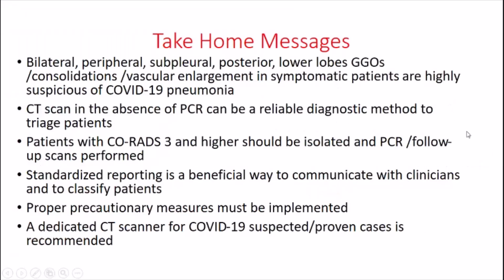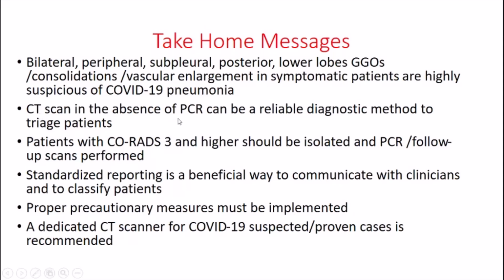So the take-home message from this presentation: bilateral, peripheral, subpleural, posterior, lower lobe ground glass opacities, consolidations, also reticular or mixed opacities, and vascular enlargement in symptomatic patients are highly suspicious of COVID-19 pneumonia. Okay.